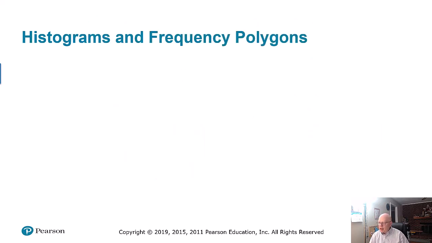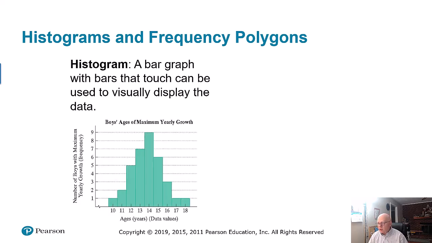Next, histograms or frequency polygons. We need a picture. The frequency diagram was really nice, but how about a picture? A picture is worth 1,000 words, correct? Well, definitely with statistics, that's very true. So, first of all, the histogram.